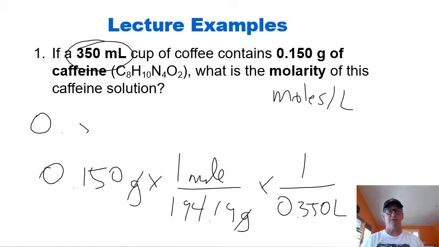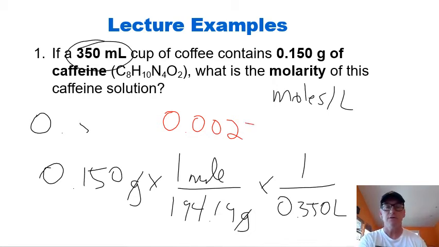And multiply all those together, and I get a number of 0.002207 molar. So now I have to look and see how many significant digits I should give.